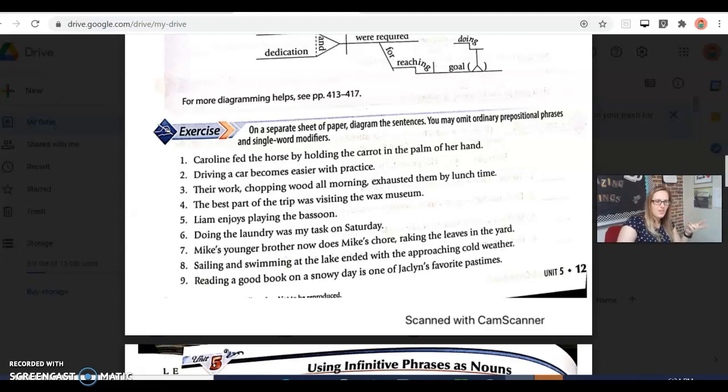She fed the what? Horses. How? So this by holding is going to come off of fed. How did she feed it? By holding the carrot in the palm of her hand. You're going to need to diagram by, holding, and carrot. The rest of those are prepositional phrases, so you don't need to use those.